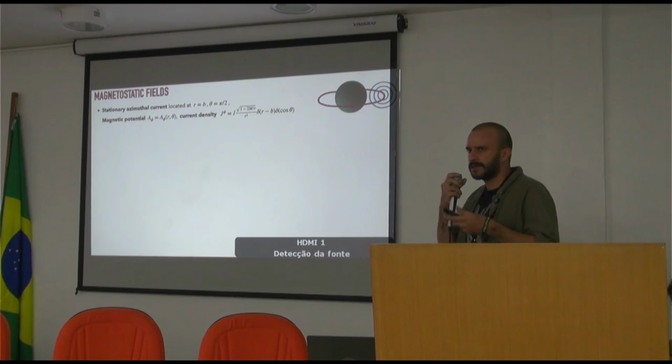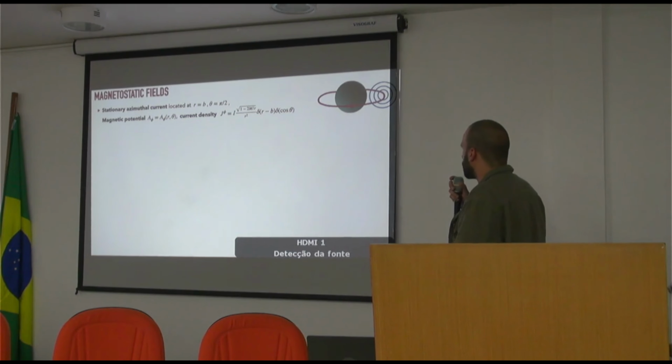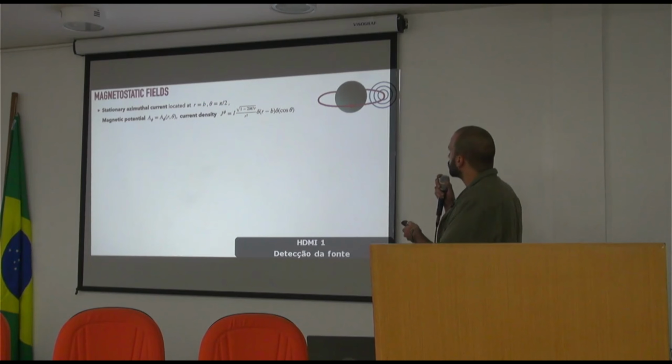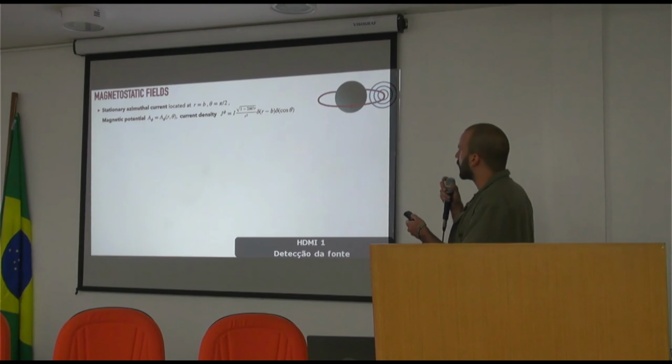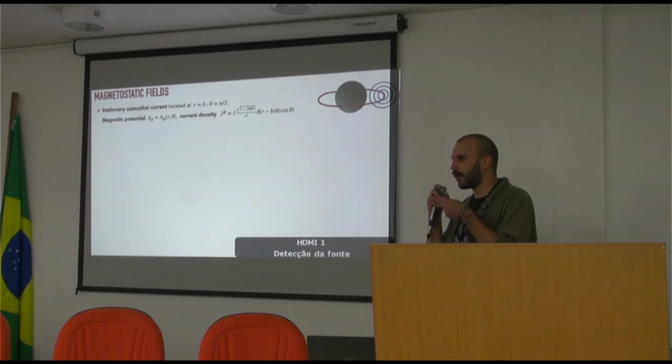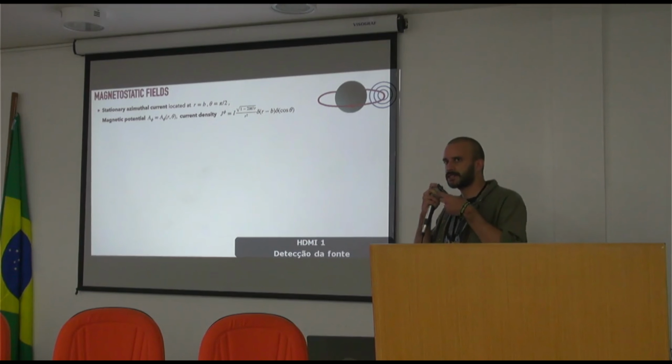They are still quite artificial, but as you can see from this beautiful picture, the configuration that we choose is that in which we have some sort of stationary and azimuthal current.